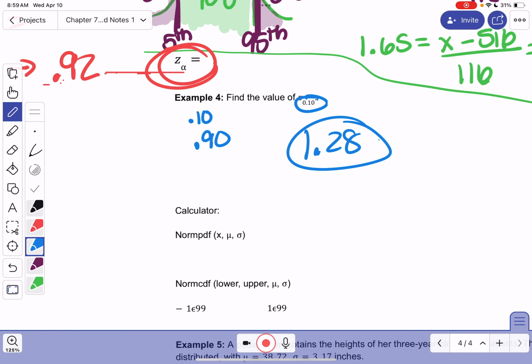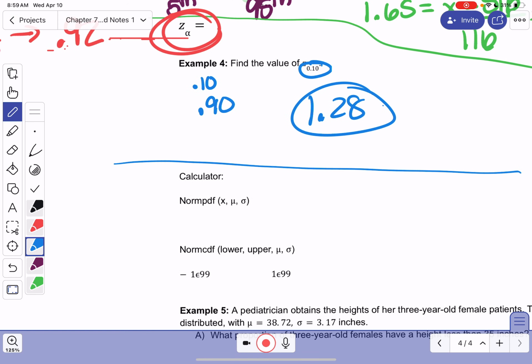So that's how you do all of these by hand. You can also use the calculator. On your calculator, norm PDF is when you're looking for an exact, like what's the probability of this exact number? Sounds a lot like binom. And then norm CDF is any range, greater than, less than.